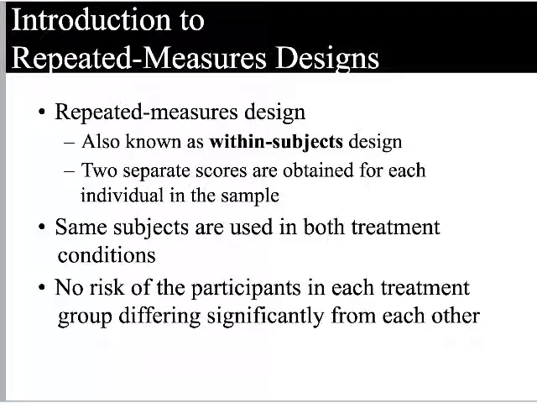So the intrepid researcher then decides to attribute the difference to the drug. And then someone looks at the demographics of the two samples and says, yes, but in one of your samples you have a preponderance of females, and the other sample you have a preponderance of males. Isn't it possible that gender could be having an impact here? And the answer would have to be yes, it is possible, right?